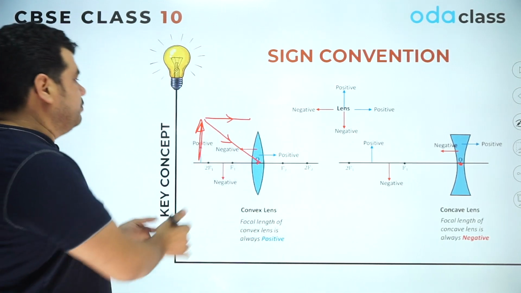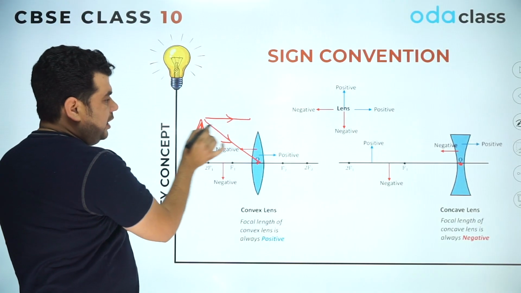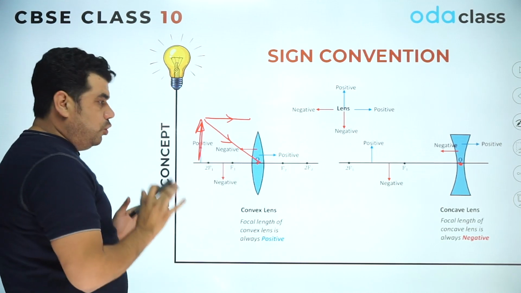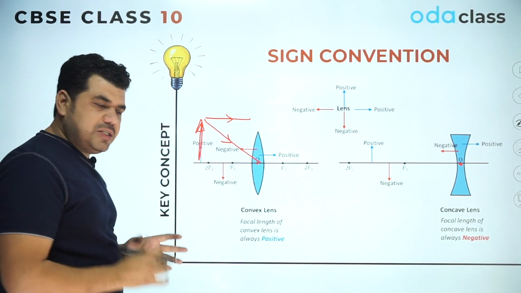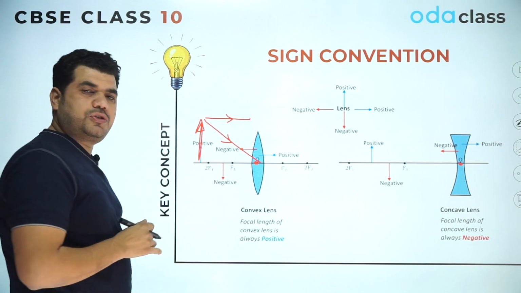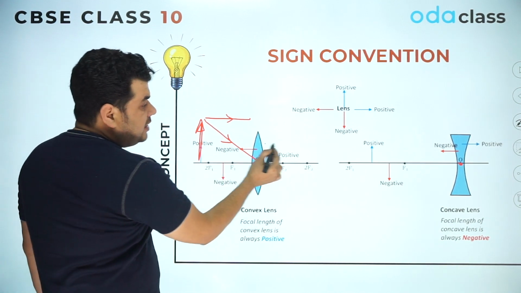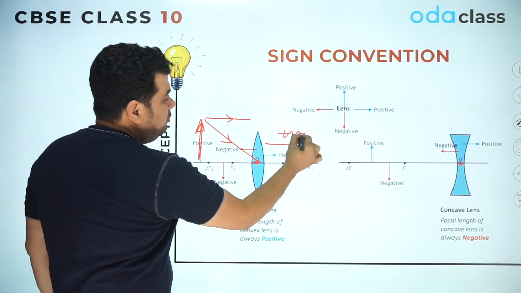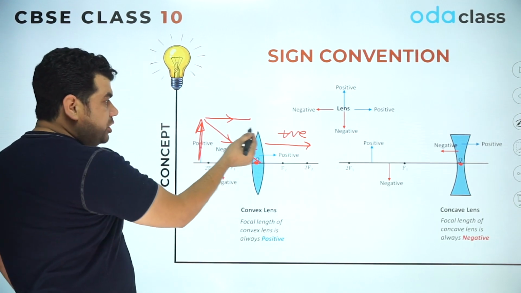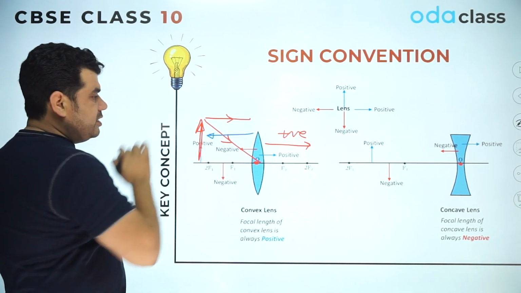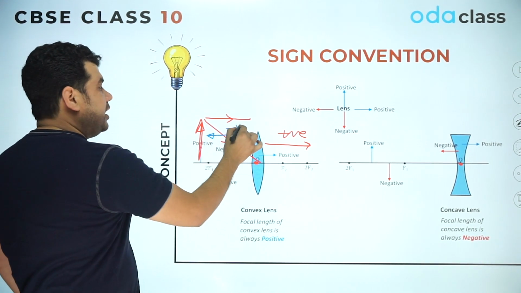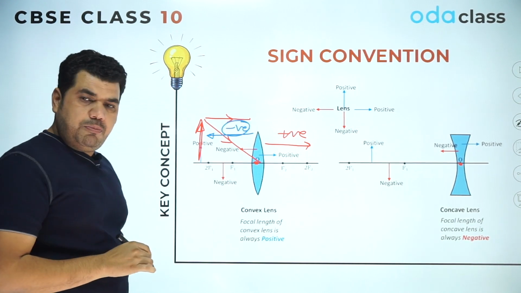As you can see here, the light ray is going like this. So whatever distance you have to measure must be measured from here. The distance in the direction of the light ray should be positive, and the distance opposite to the light ray, if you measure it, should be negative. So this is the key concept.